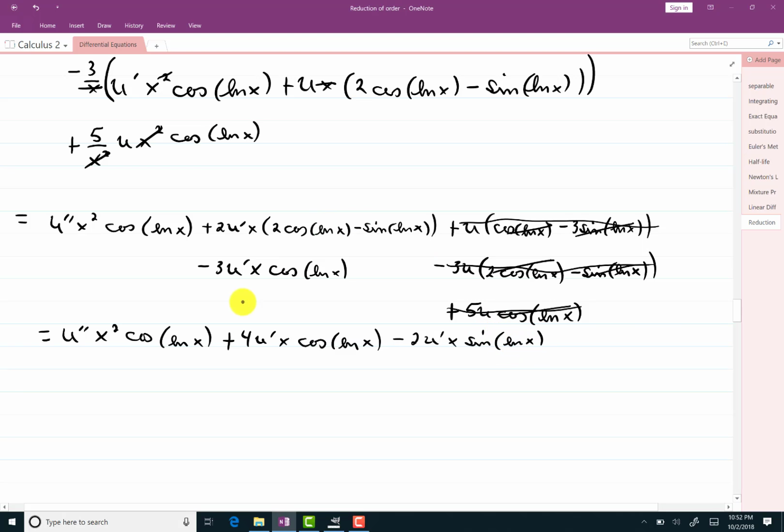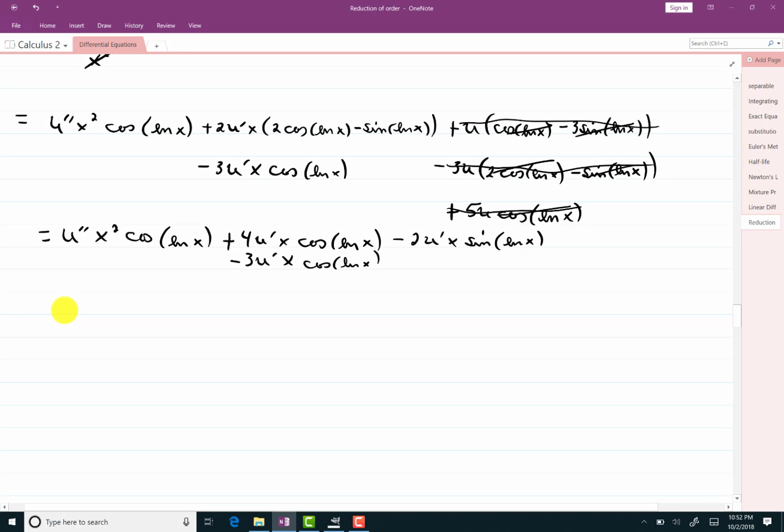And then I have negative 3u prime x cosine of ln of x. Continuing. I have u double prime x squared cosine of ln of x plus u prime x cosine of ln of x minus 2u prime x sine of ln of x.